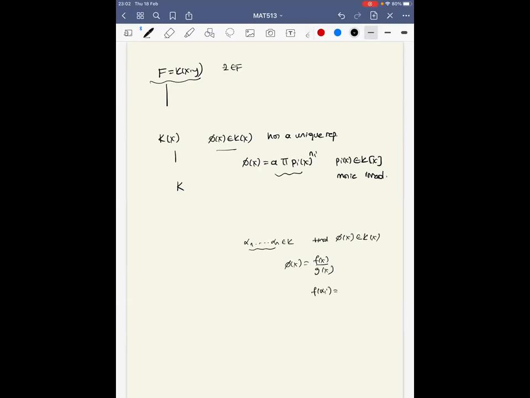So that means alpha i is a zero of phi if the numerator is 0 at alpha i. And if the denominator is 0, we say that alpha j is a pole of phi.